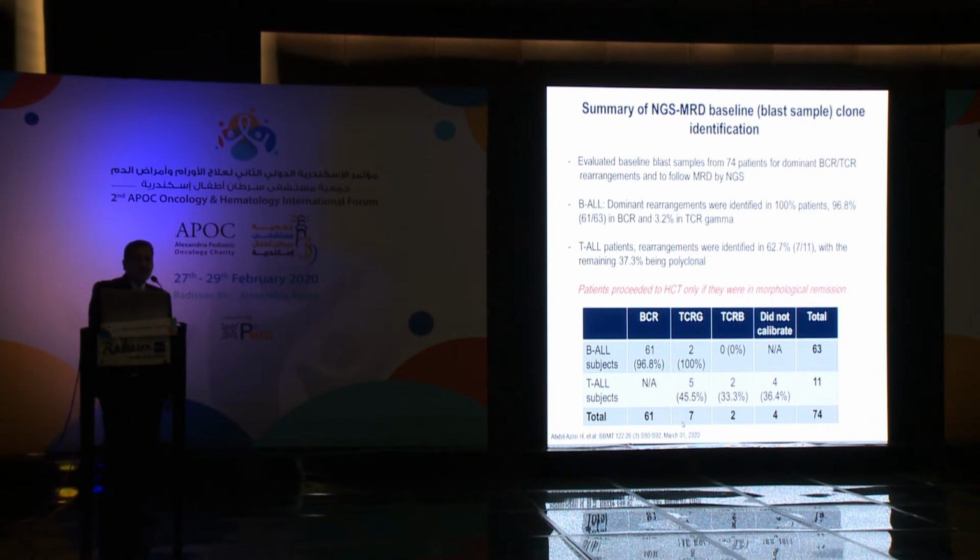When we applied the same concept to T-cell ALL with a limited number of patients, we were only able to track this in about 2/3 of the patients, or about 66% of the patients, using TCR-G or TCR-B.